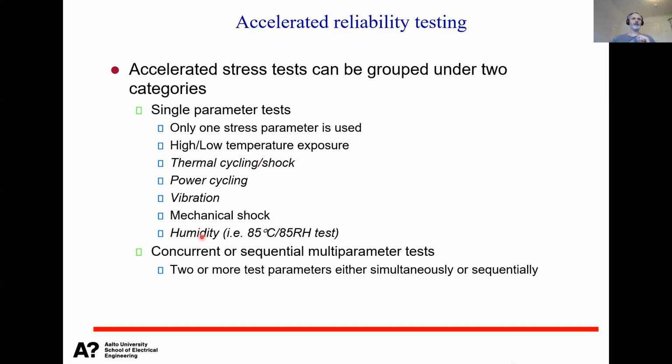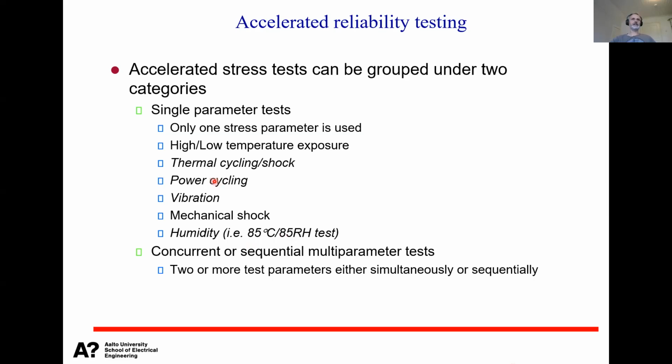For example, humidity testing: we are talking about relative humidity, but relative humidity is dependent on the temperature. This is an issue which we will go into detail next lecture or next week. So what is the correlation here? It means that basically we cannot change one without changing the other. Therefore we can consider these as single parameter tests.